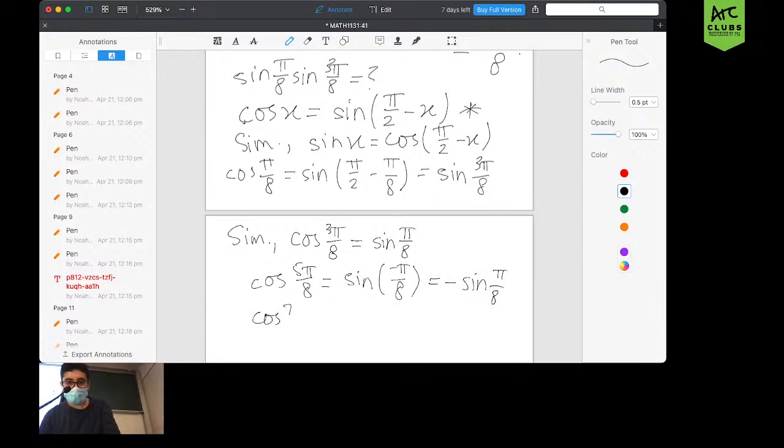And cos 7π/8 simply becomes sin of negative 3π/8, and using the odd property again, negative sin 3π/8.